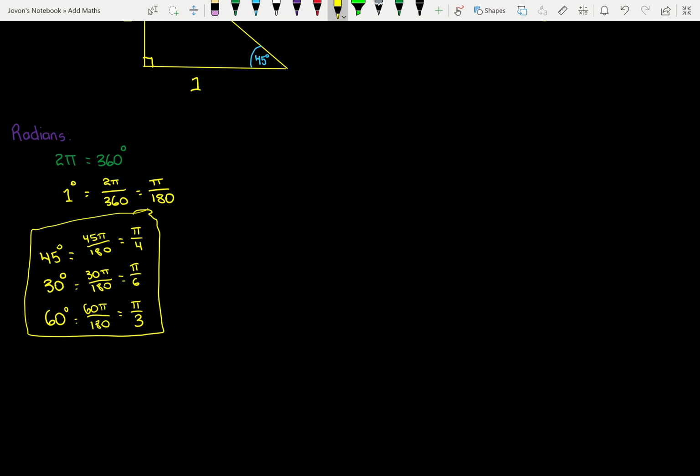If you want to convert from degrees to radians, we multiply by pi over 180. And to go from radians to degrees, we multiply by 180 over pi. That's how you convert between radians and degrees.